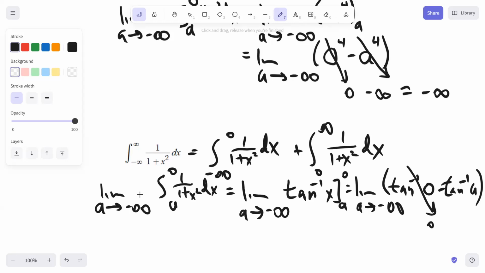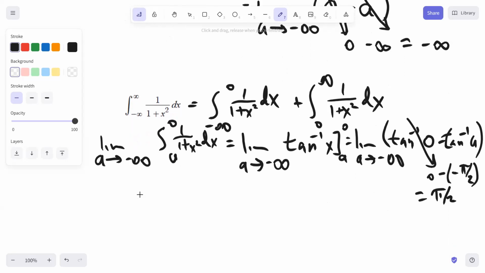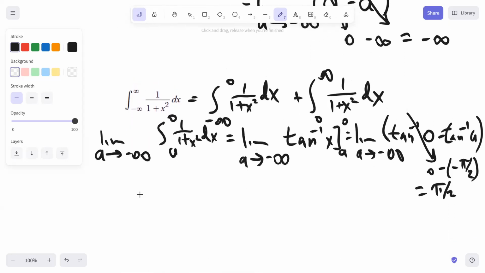And tangent inverse of a as a approaches negative infinity is going to approach negative pi/2. So when we're subtracting that, we would get pi/2. So the first limit converges. So we would keep going and do the second one to check it. We can't conclude yet that it converges.